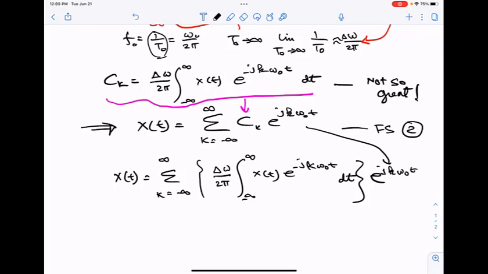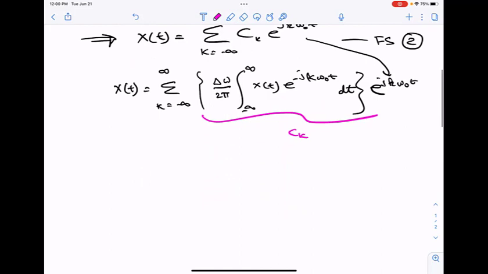So there. All I've done is take the not so great expression of ck and plug it into the time domain equation. So this right here is our CK.